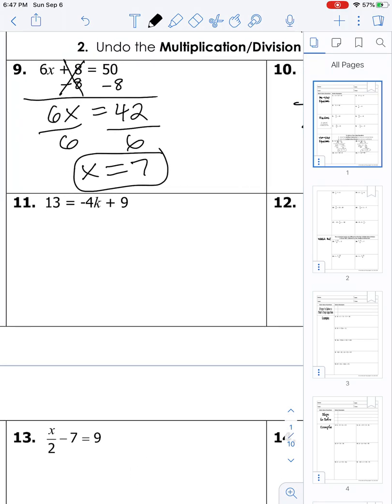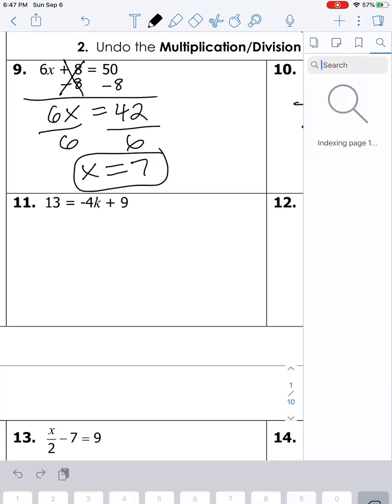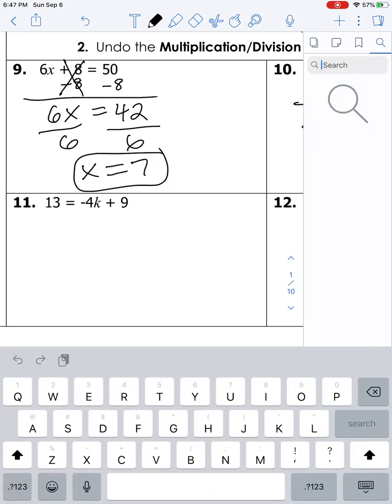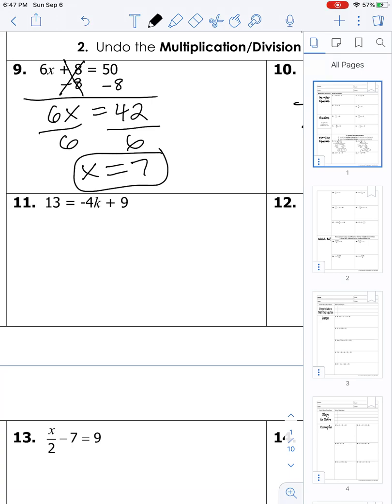Number 11. So number 11, what we've got here is 13 equals negative 4k plus 9. What we want to do is get rid of the positive 9.